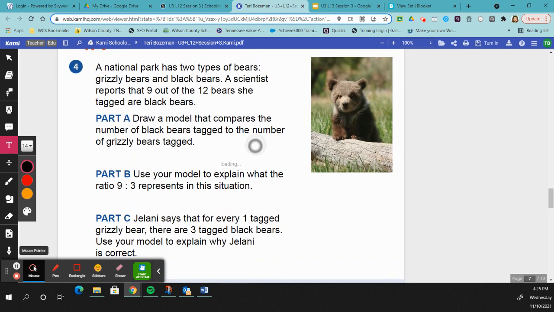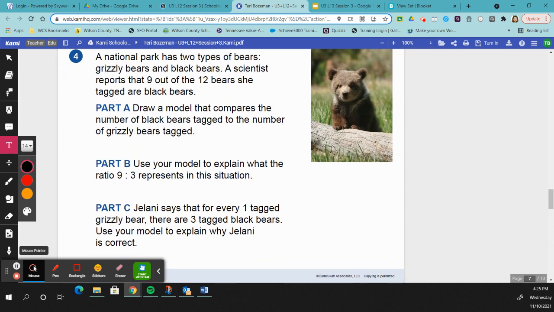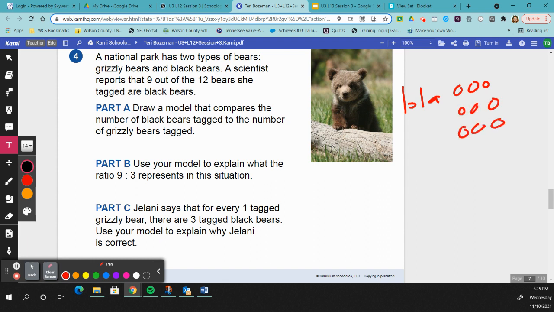Number 4, a national park has 2 types of bears, grizzly bears and black bears. A scientist reports that 9 out of 12 bears she tagged are black bears. So black bears, we have 9, right? 9 out of the 12 bears tagged are black bears. 1, 2, 3, 4, 5, 6, 7, 8, 9, right?